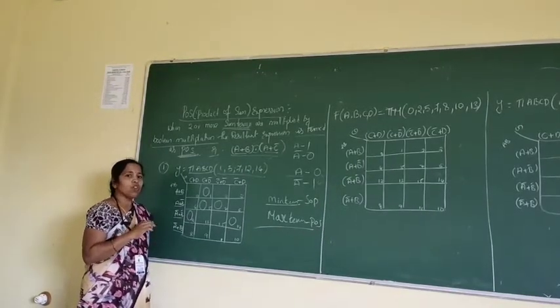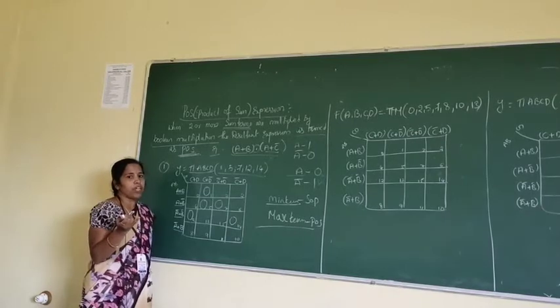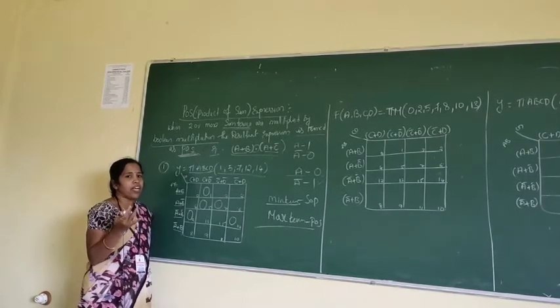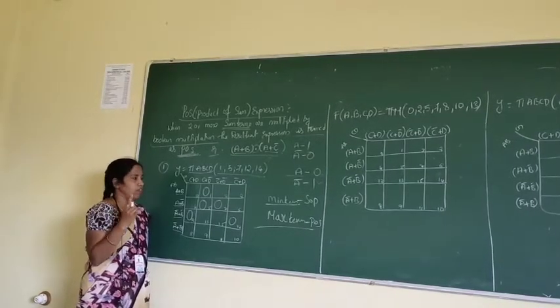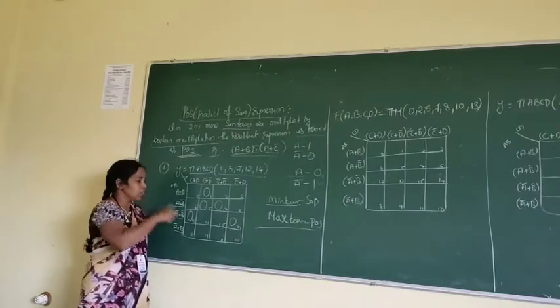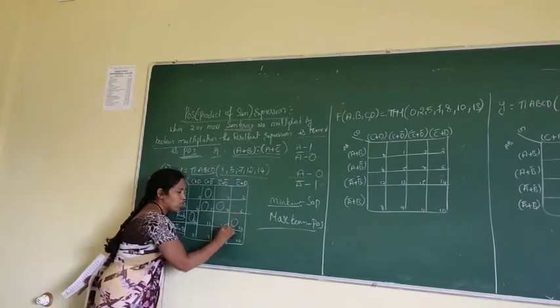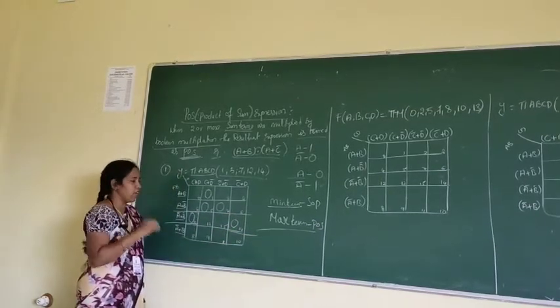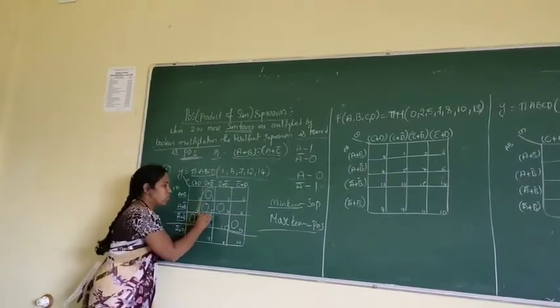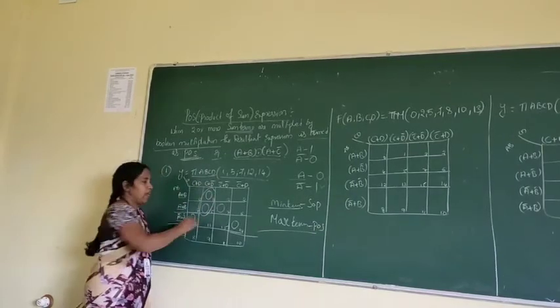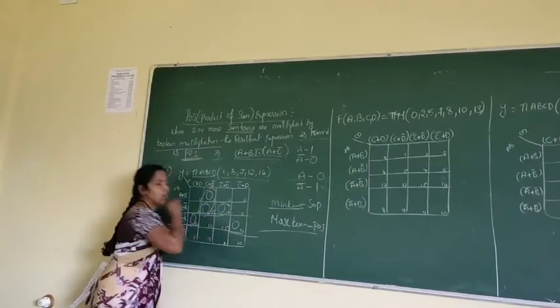So grouping. We have different types of groups I told you: pair, quad, octet, as well as single unit. If one variable is there, it means single unit. Here, these two zeros give one pair, these two zeros give one more pair, and these two zeros one more.